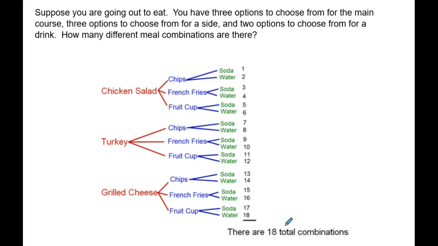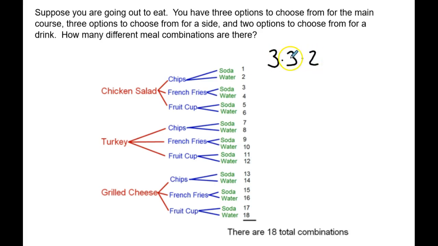We could quickly use the fundamental counting principle rather than creating this tree. We have 3 different options for our main course. So that's our first number of possibilities. There's 3. We're going to multiply that now by the number of options we have for a side, which is 3, and then multiply that by the number of options we have for a drink, which is 2.